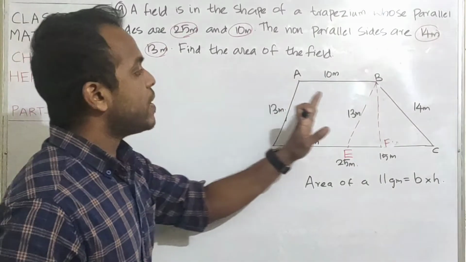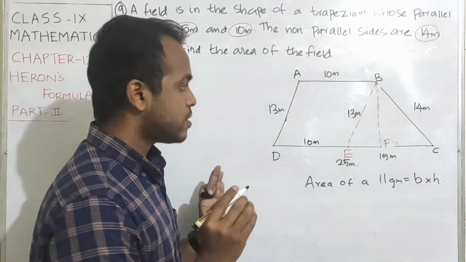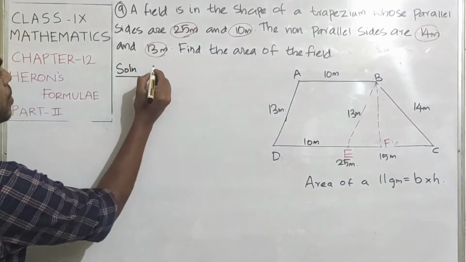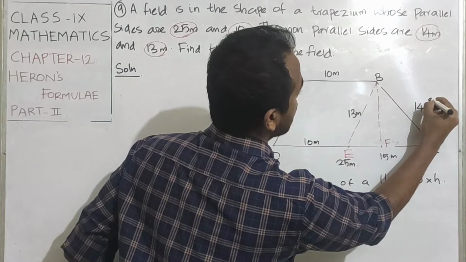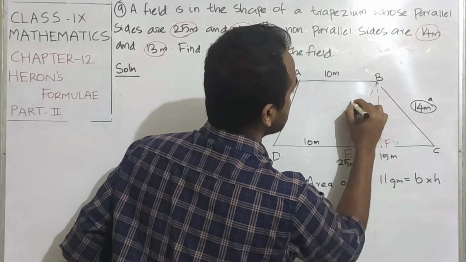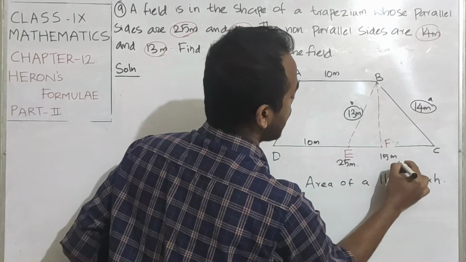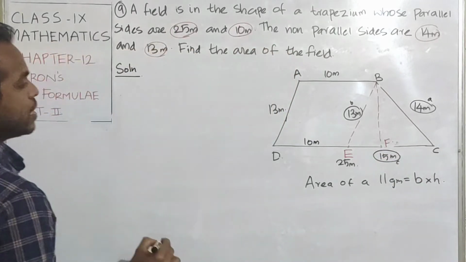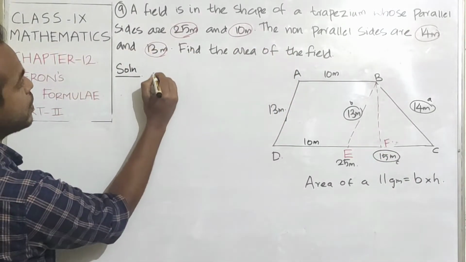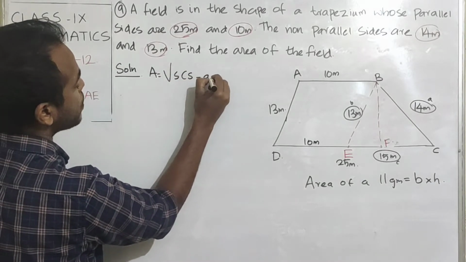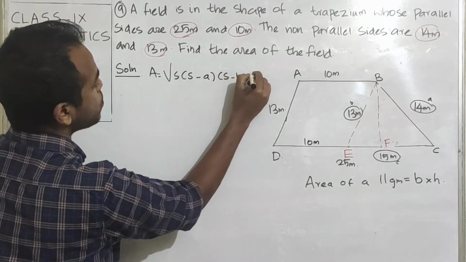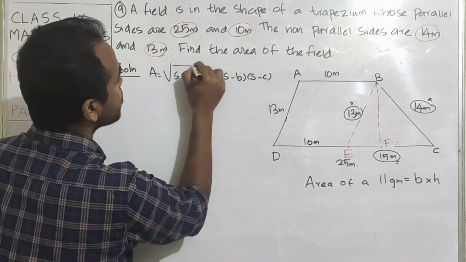Solution. First we will find the area of the triangle because that's straightforwardly given to us. Consider the triangle BEC. We will mark the sides as a, b and c. Now, what's the first step? We know area is found using the equation root of s into s minus a into s minus b into s minus c.